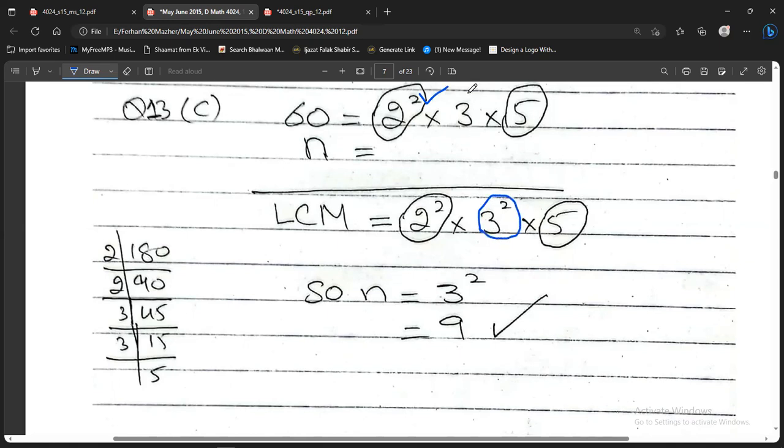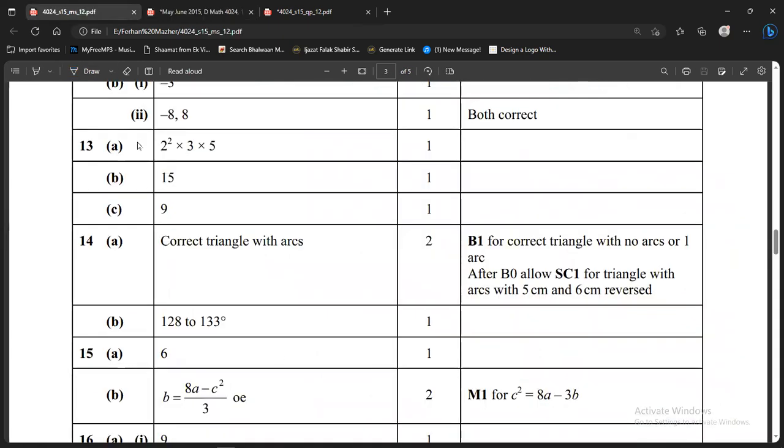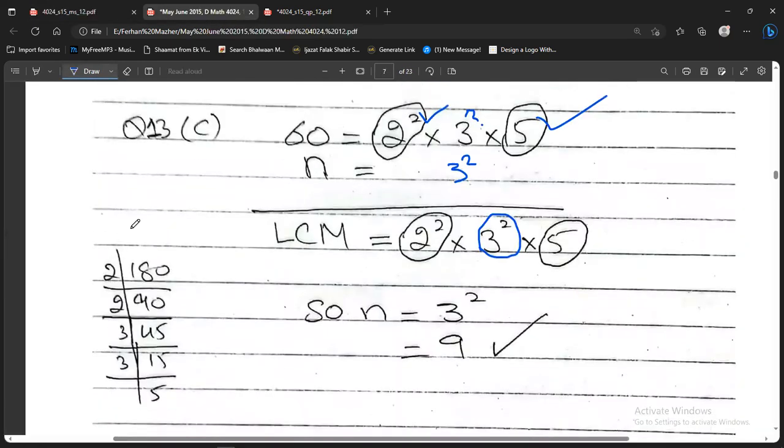It is not here. This is only 3. So most probably the 3 square is here. From where did this 5 come? The 5 came from here. So it means the least value of n will be 3 square, and that is 9. A little tricky question. 9 is the right answer, sir. It's a tricky question.